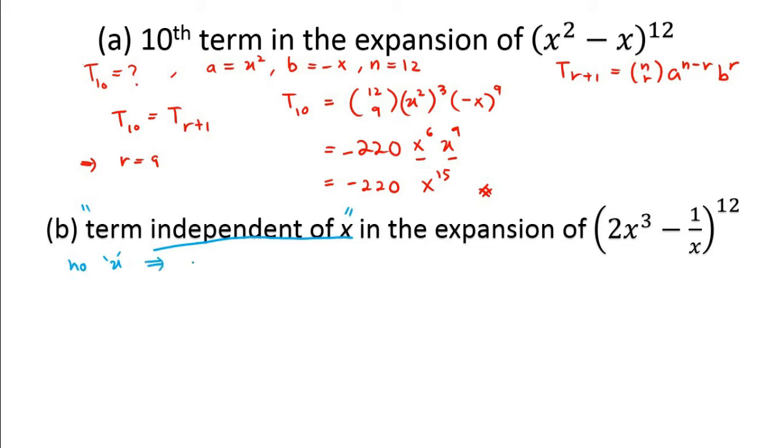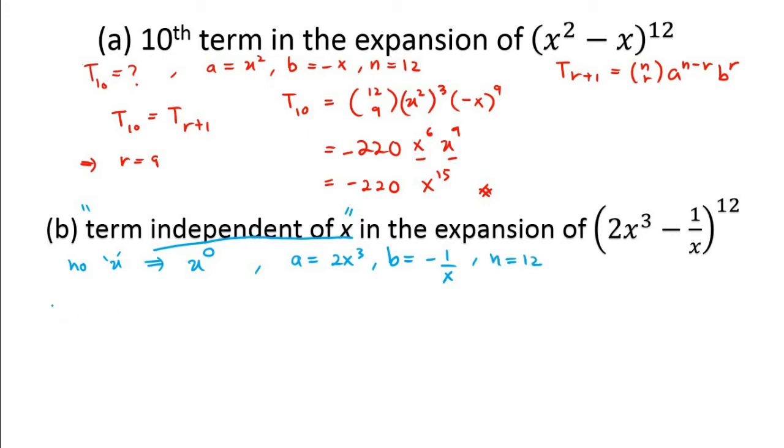So x should have the power of 0. What we can ponder about this is, we should look up from here, list down first what is our a. So a is 2x cubed, our b is negative 1 over x, and then eventually our n is 12.